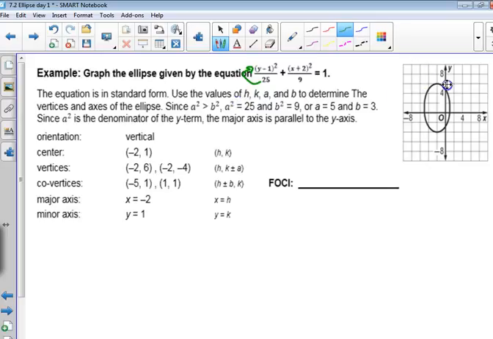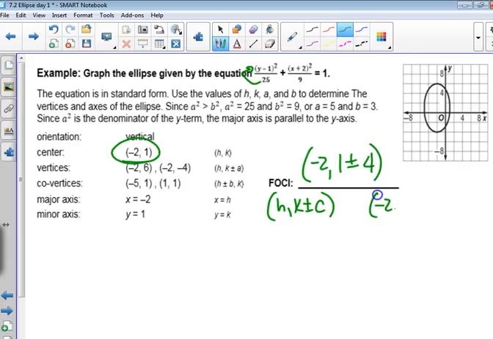It's going up and down, so it's the one on the right. It says h comma k plus or minus c. So hk was right here, negative 2 comma 1 plus or minus, what did we decide c was? 4. So the two foci are at negative 2, 5 and negative 2, negative 3.